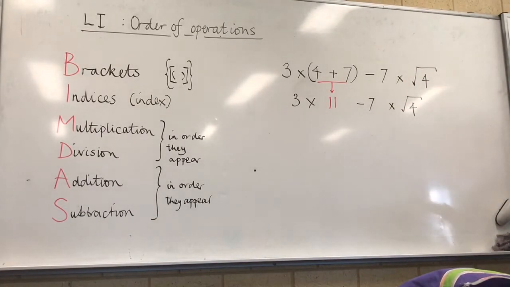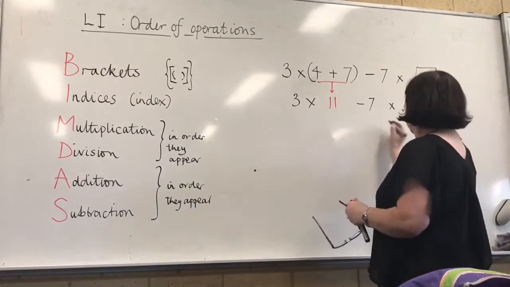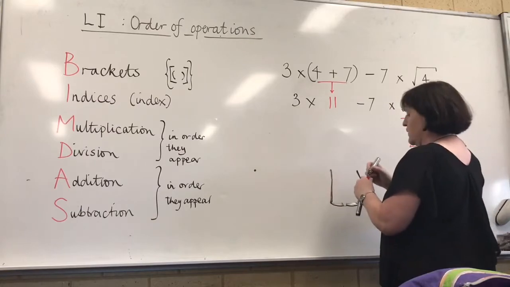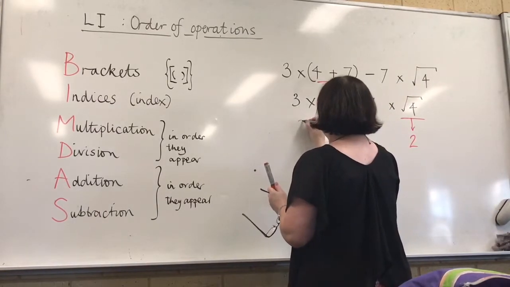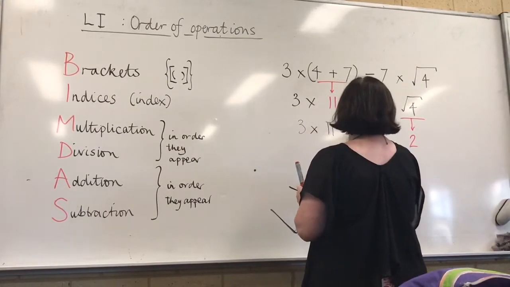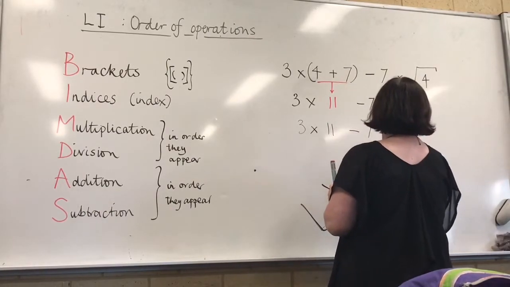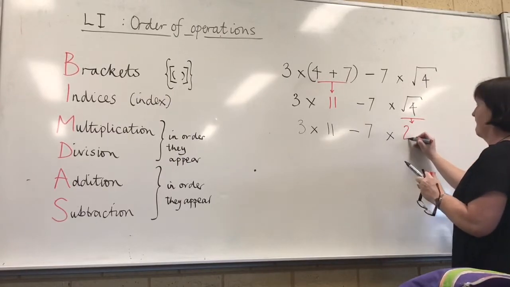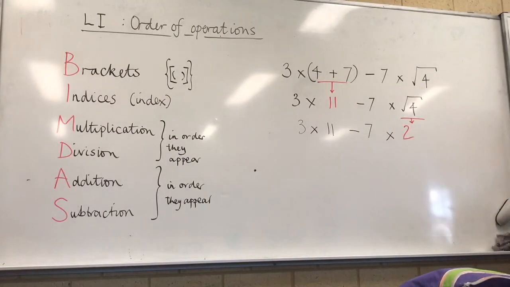So what do I do next? Hiruni? The square root, that's right. So the square root of 4 is obviously 2. And then we've got 3 times 11, take 7 times 2. Just put that up a little bit. Okay, what do we do now then?